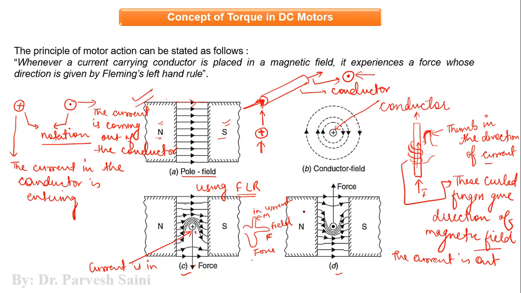If you make all these three parts, that is thumb, forefinger, and middle finger, perpendicular to each other, place the middle finger in the direction of current, because the current is coming out of this conductor, and then place the forefinger, that is the first finger, in the direction of magnetic field, you will find that your thumb is pointing upward.